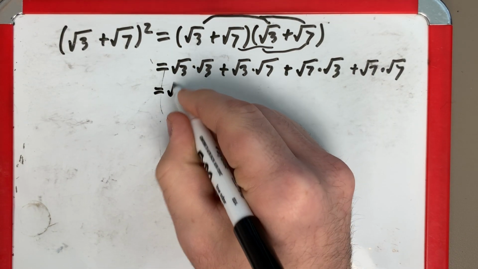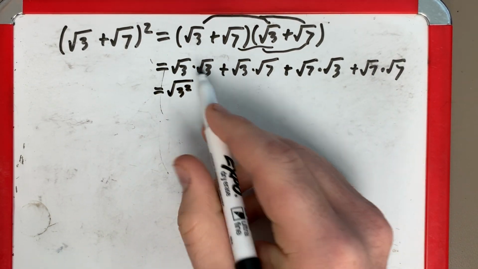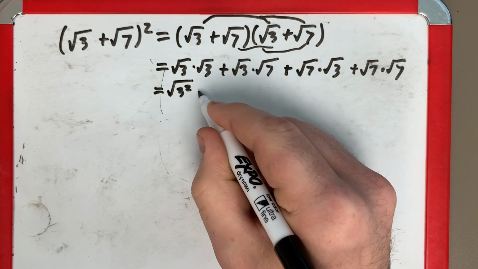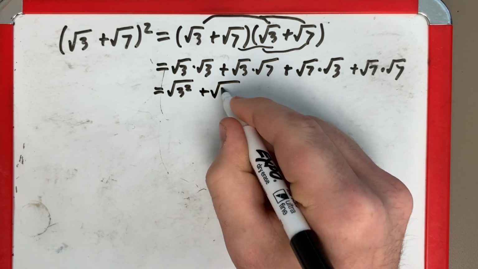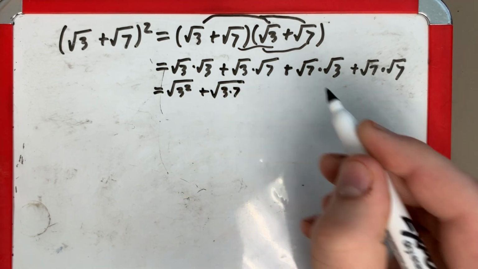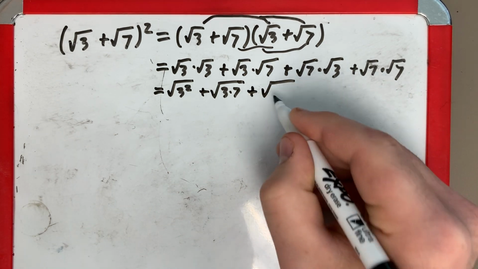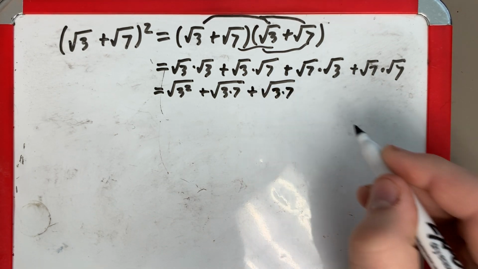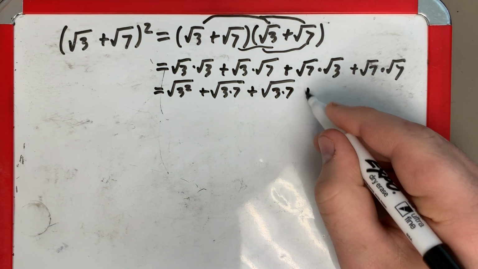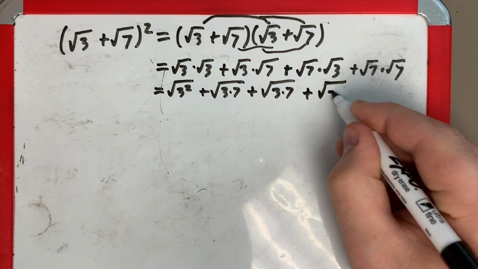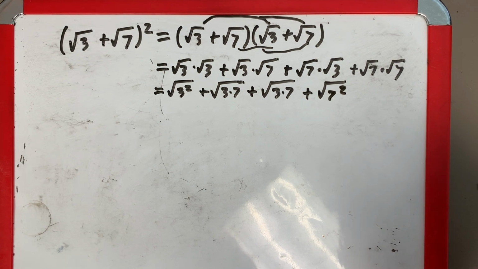So this gives us square root of 3 squared, because we're just multiplying these two things, plus square root of 3 times 7, plus square root of 7 times 3. It's the same thing as square root of 3 times 7, because you can change the order of multiplication. And square root of 7 squared. Awesome.